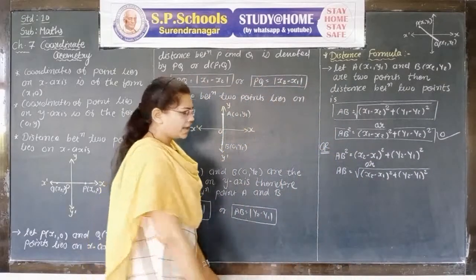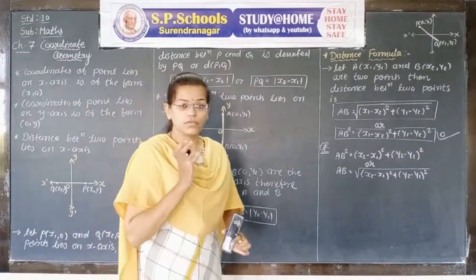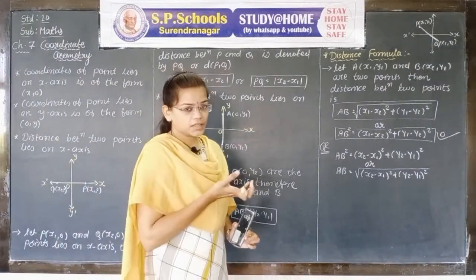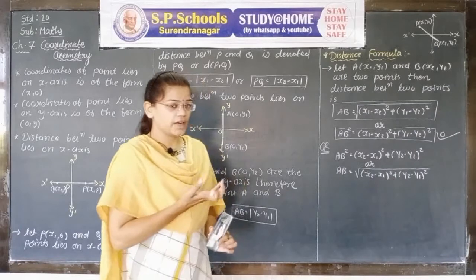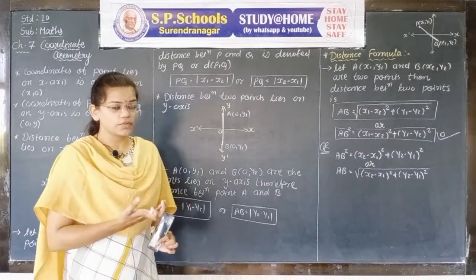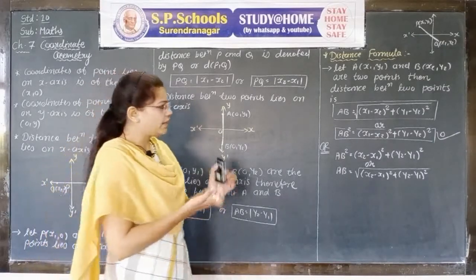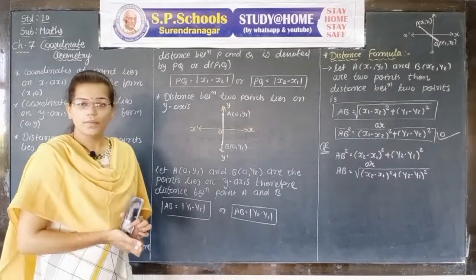But keep in mind, for any of the given two, in words: take the square of the difference of their x coordinates, compulsory, plus the square of the difference of their y coordinates, solve it and find the square root, and we get the distance between these 2 points.